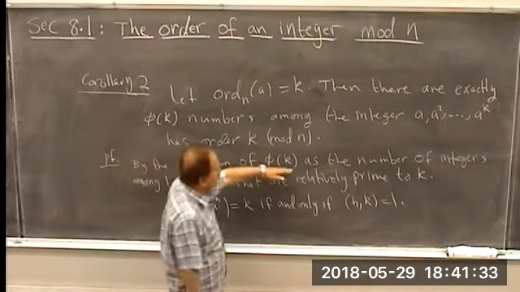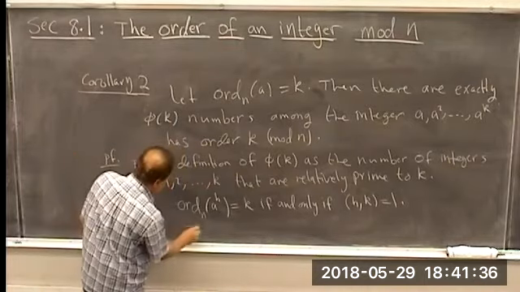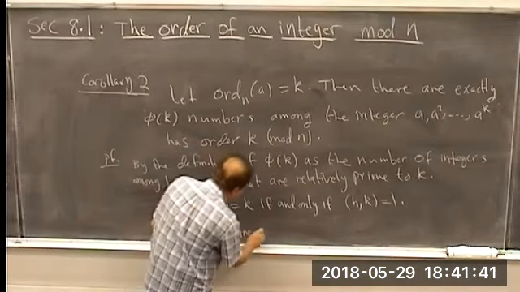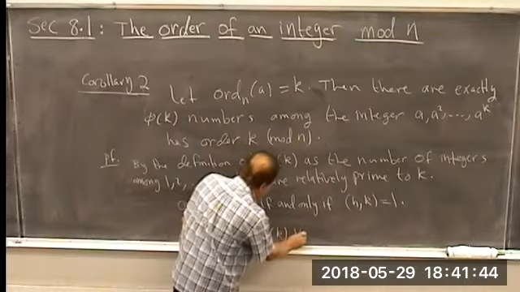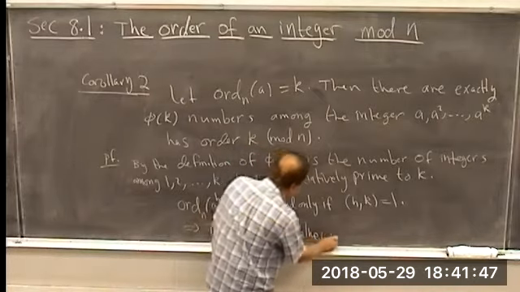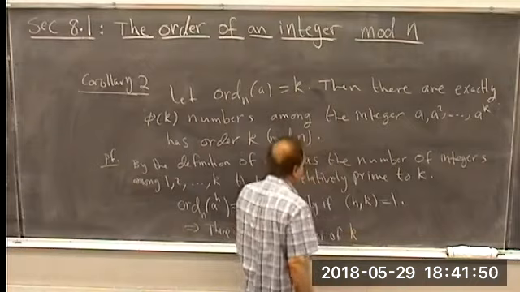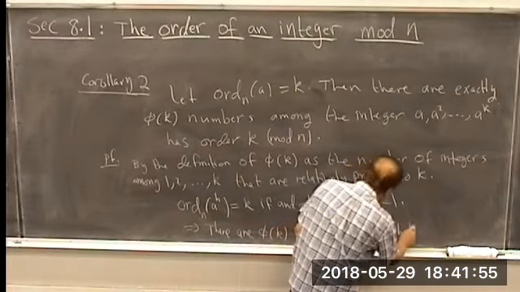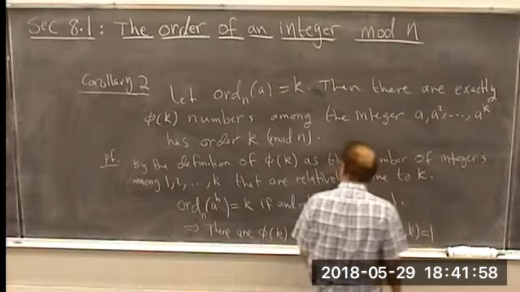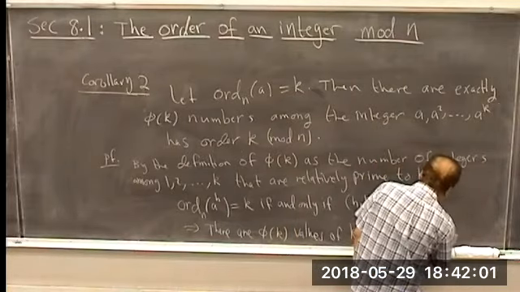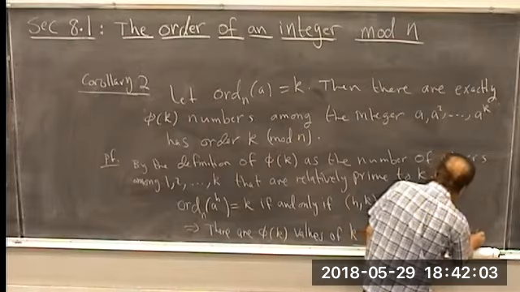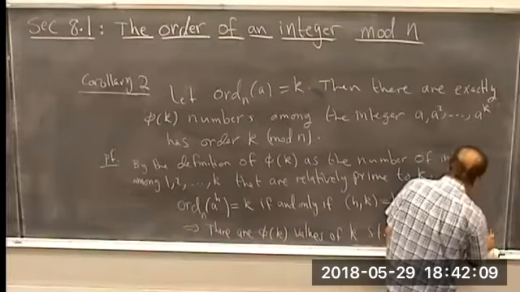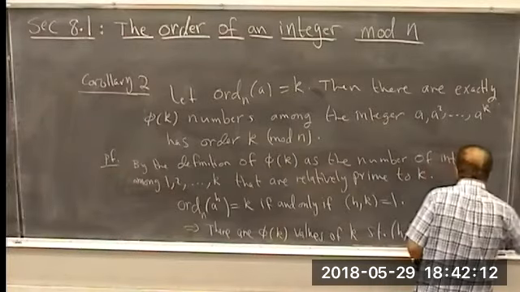There's going to be phi of K. This implies there are phi of K values of H such that the greatest common divisor of H and K is equal to 1, and hence A to the H has order K.